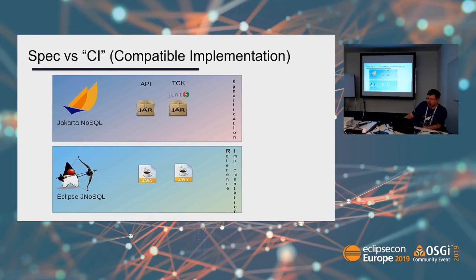So here you see the spec part under Jakarta NoSQL, and the project that was already there, Eclipse JNoSQL, is what you would call the reference implementation or the compatible implementation. As in Jakarta EE, there's no official reference implementation, but there has to be at least one, and that first implementation is Eclipse JNoSQL.